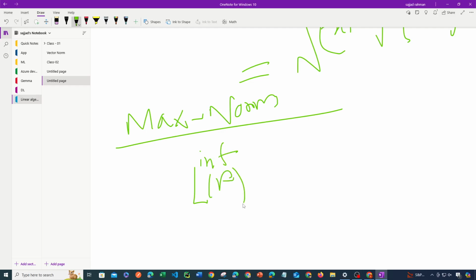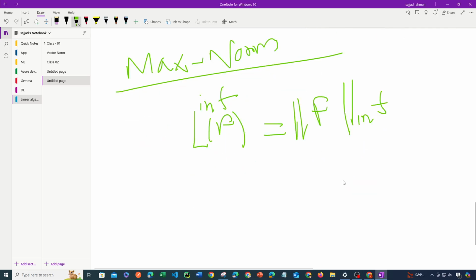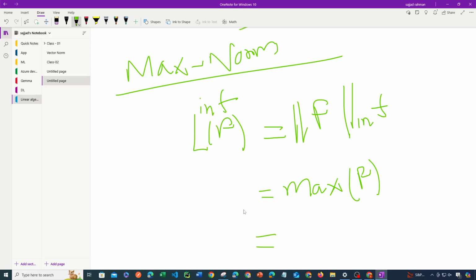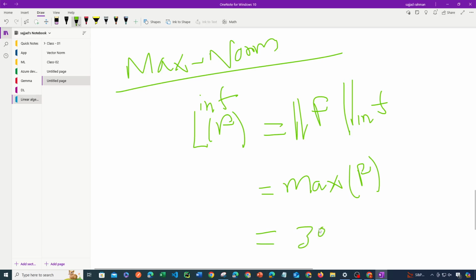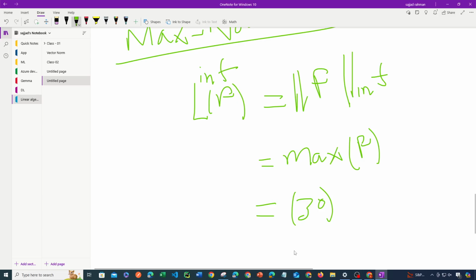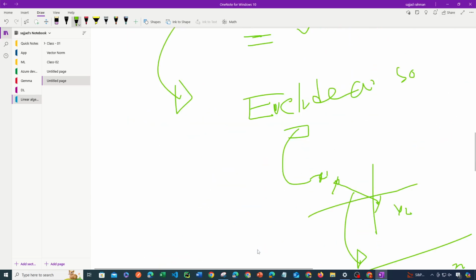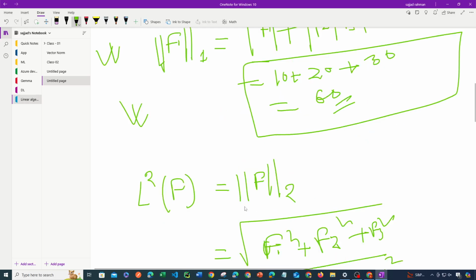This is our vector f, so we can write this. Okay, infinity. And what will the result be? The result is actually the max of the f vector. So among the elements of this, we know that the max is 30. So you can see three different values for three different types of normalization.